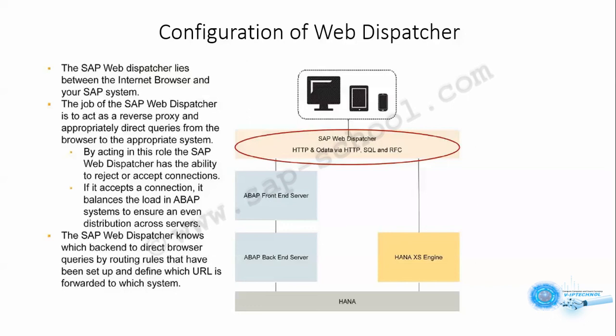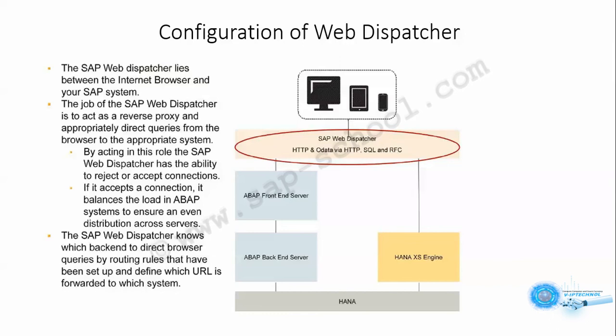If it accepts the connection, it balances the load in the web systems to ensure an even distribution across the servers. My SAP Web Dispatcher knows which backend to direct browser queries to by routing rules that have been set up and define which URL is forwarded to which system.